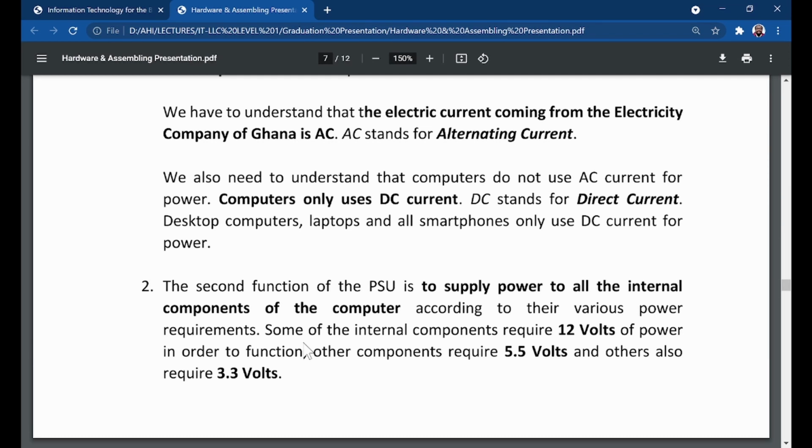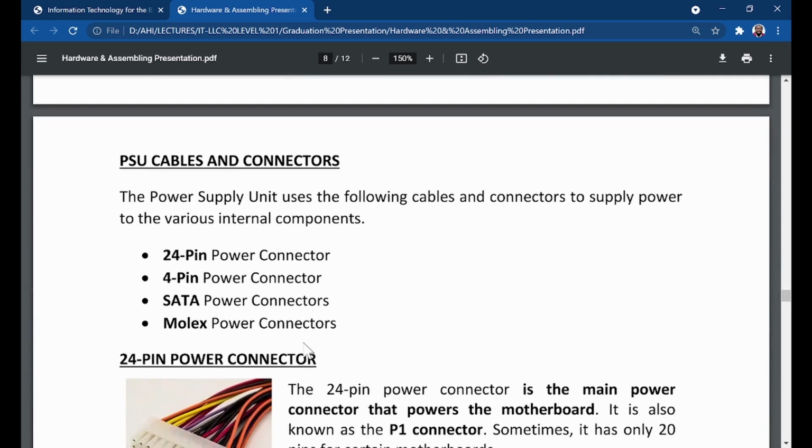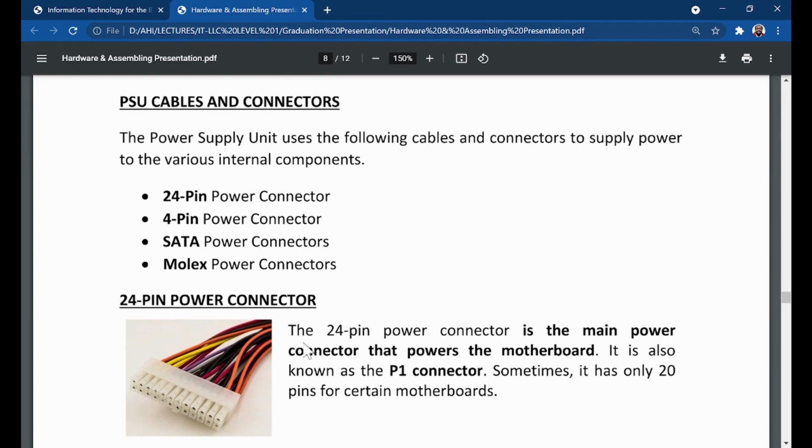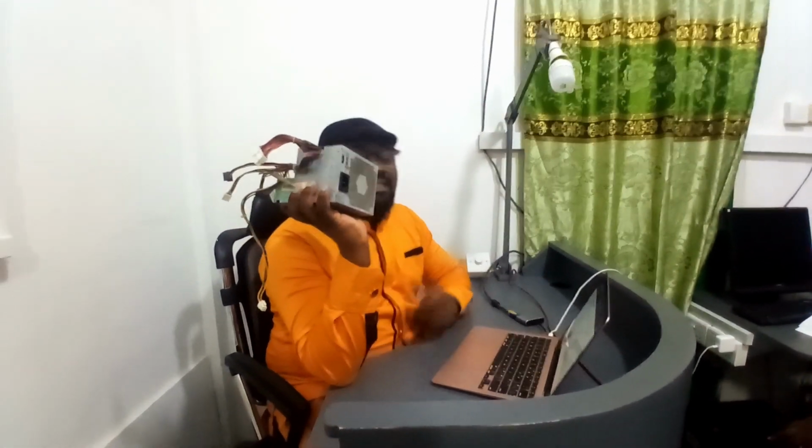Are you here? Now let me give you a little insight about the cables coming from the power supply unit. All right, so what I'm holding in my hand is called a power supply unit. It's an old one, but it's still a power supply unit and it still works.